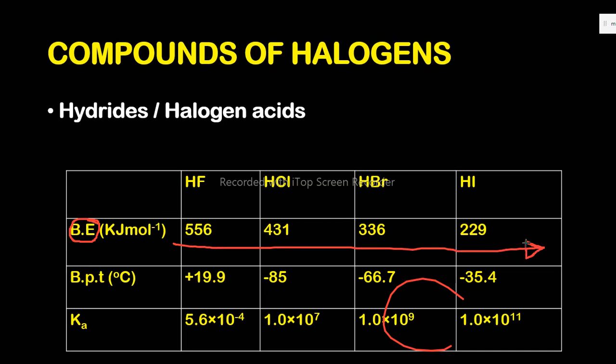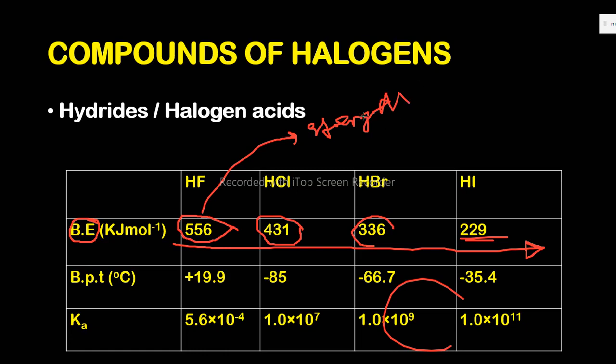Okay? Can you notice that? We are seeing 565, 431, 366, and 299. So, the bond energy decreases down the group. Based on this data, you can tell the strength of the bond.